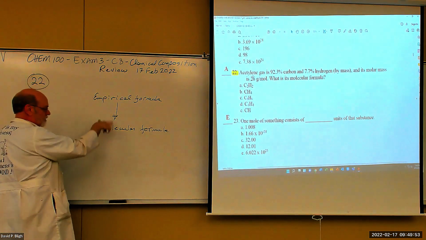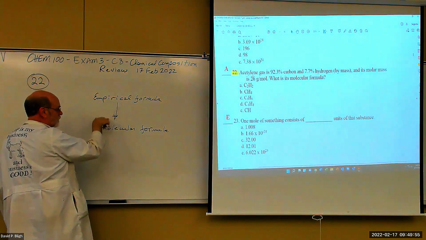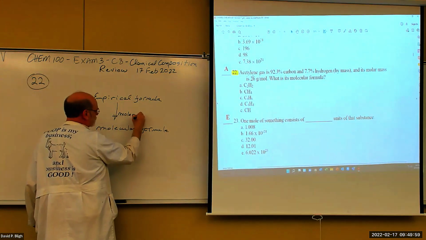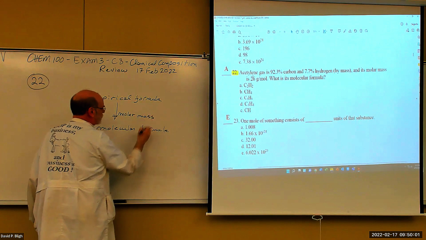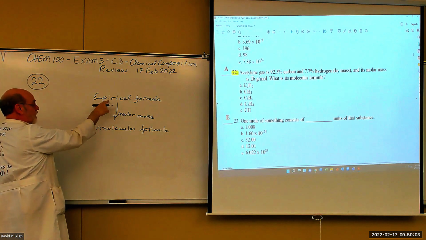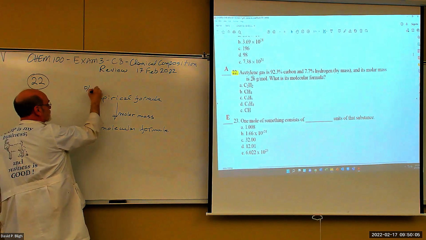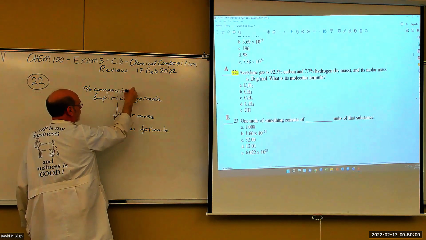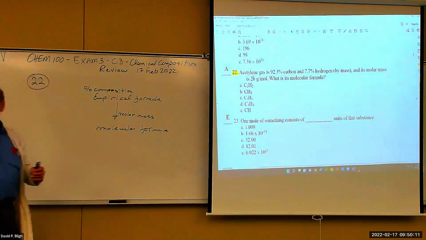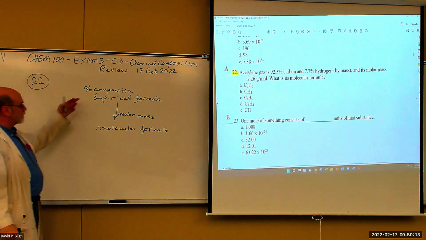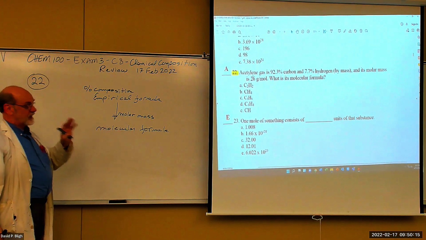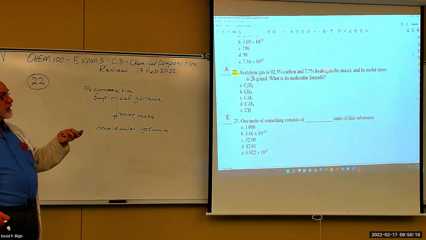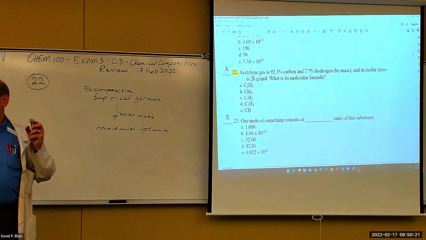The information you need to go from here to here is the molar mass of the compound. But to get to here, all you need is percent composition. You can calculate the empirical formula. But to go from here to here, you need the molar mass, and we have everything we need: percent composition for the empirical formula and molar mass for the second step.